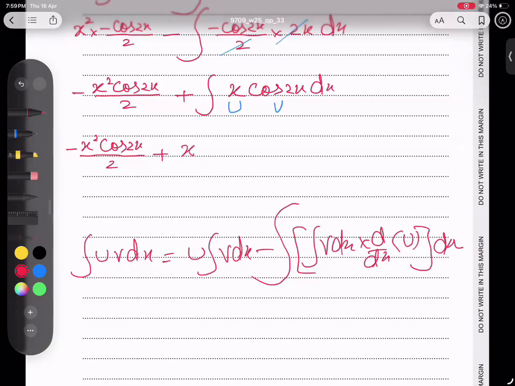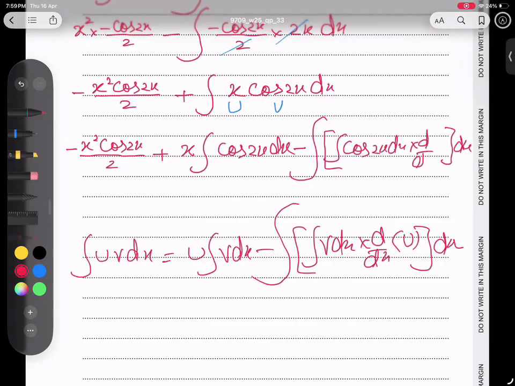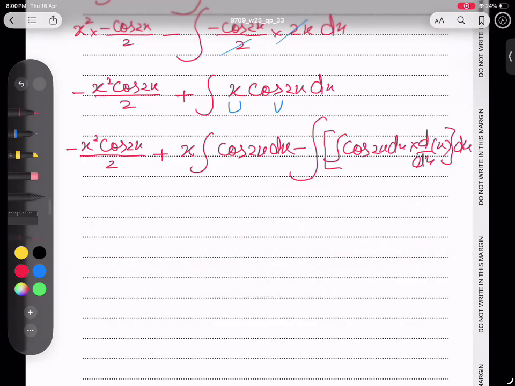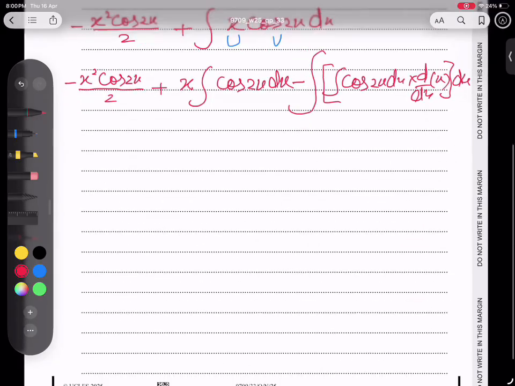You copy integration of cos double x dx, negative sign, the integral, bracket starts, bracket ends, dx. Again integration of cos double x, multiply by differentiation of the u function, that is only x. Now I'm erasing this formula. This is done, and now I'm starting the complete next part.